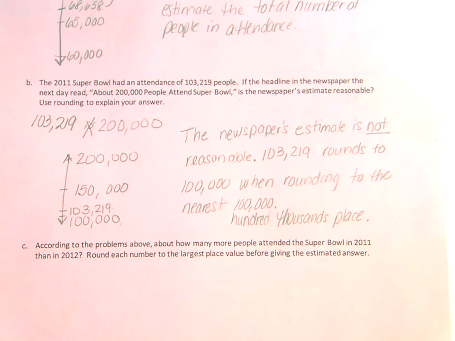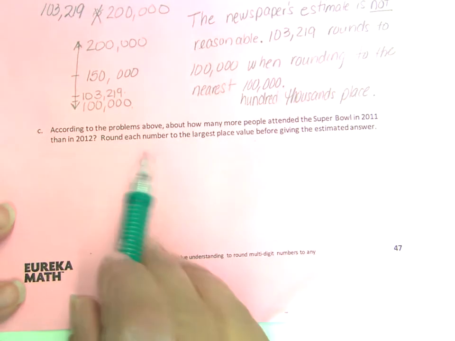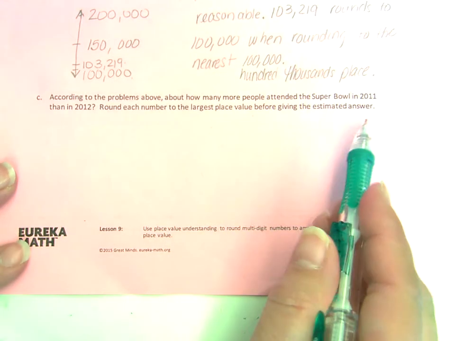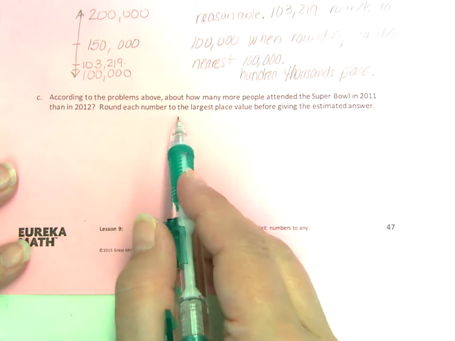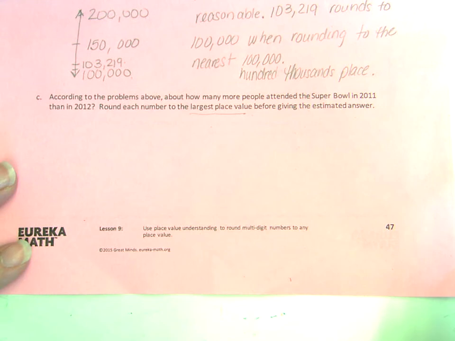Okay, letter C. According to the problem above, about how many more people attended the Super Bowl in 2011 than in 2012? Round each number to the largest place value before giving the estimated answer.